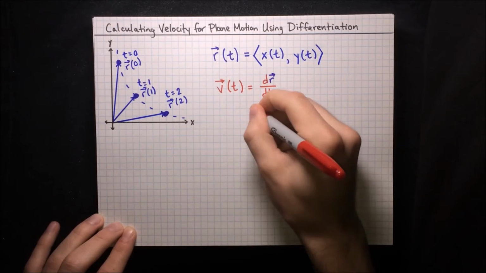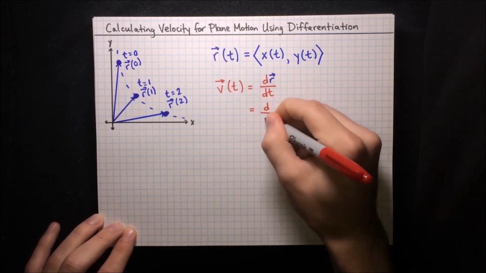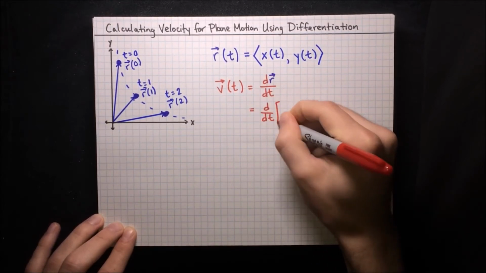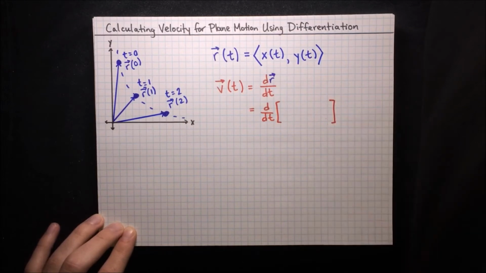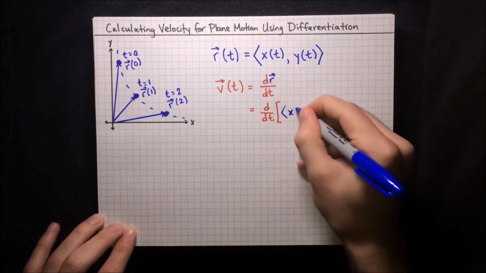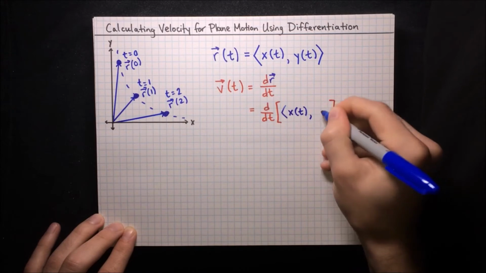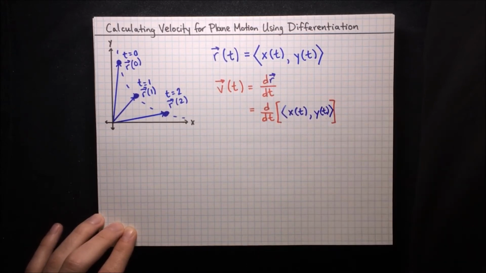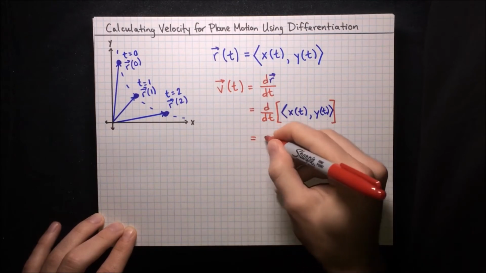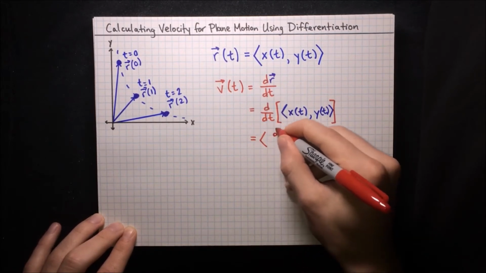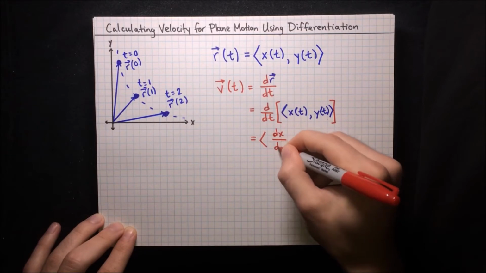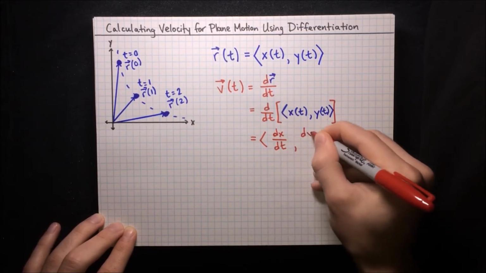And what that really means to differentiate this position vector with respect to time is that we differentiate each component with respect to time. Each component, x of t and y of t, is a function of t. So we can take the derivative dx dt and dy dt.